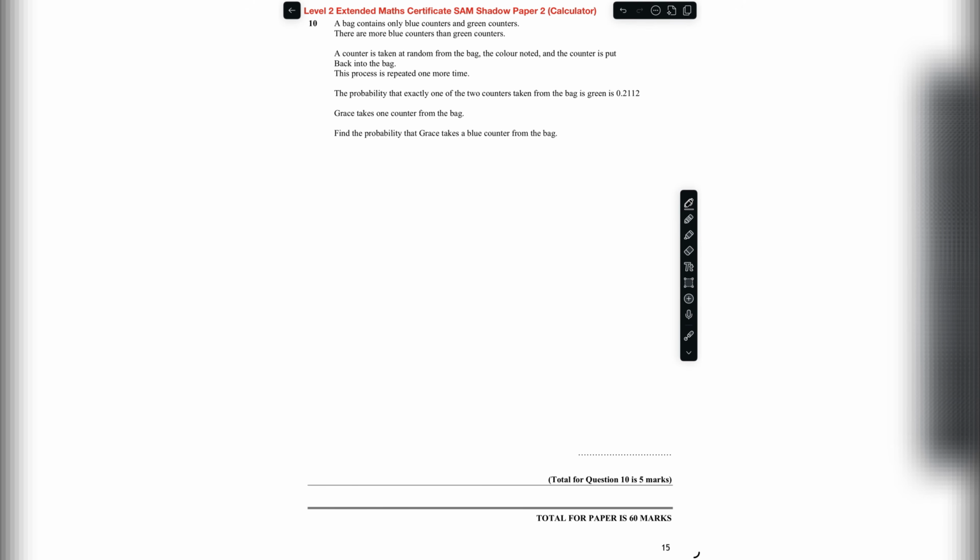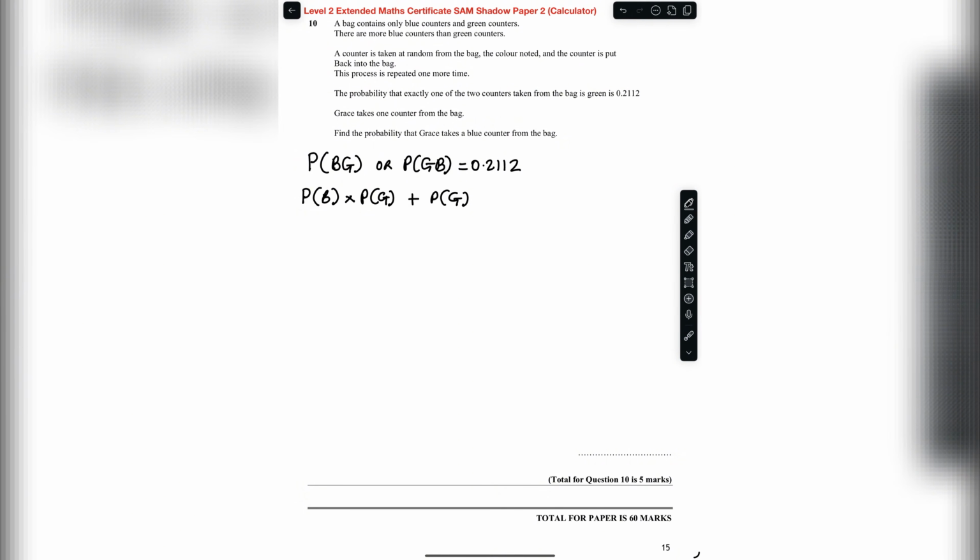So given that the probability that exactly one of the two counters taken from the bag is green is 0.2112, this means that the probability of taking a blue and a green counter, or a green and a blue counter, is 0.2112. So we can state that the probability of taking a blue and the probability of taking a green, plus the probability of taking a green and the probability of taking a blue, equals 0.2112.